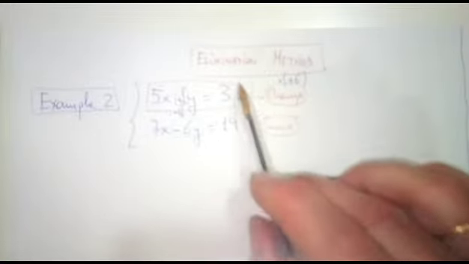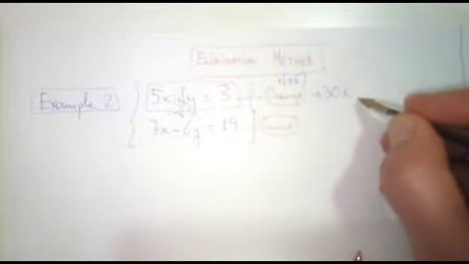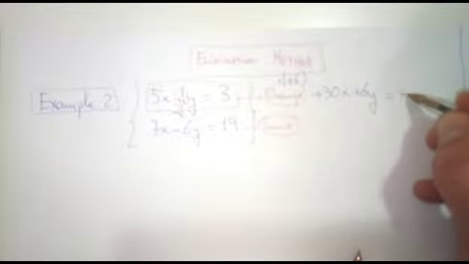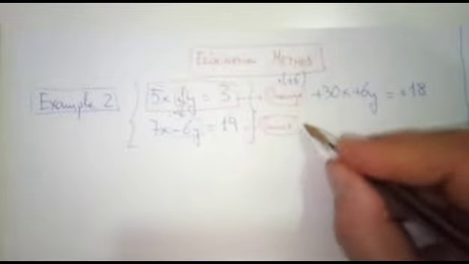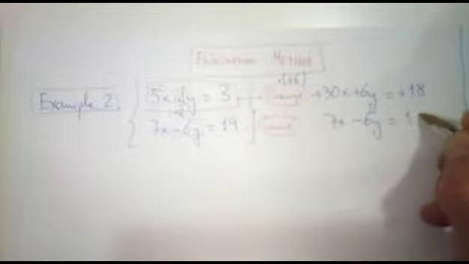If we multiply this equation times plus 6, we have plus 30x and plus 6y equals plus 18. And here we have the same, 7x minus 6y equals 19.